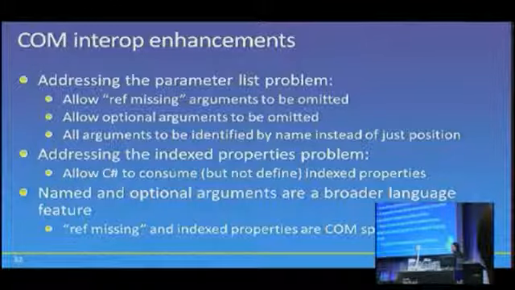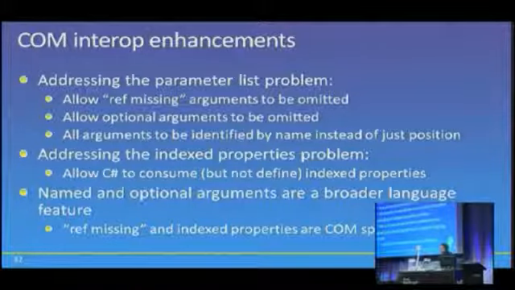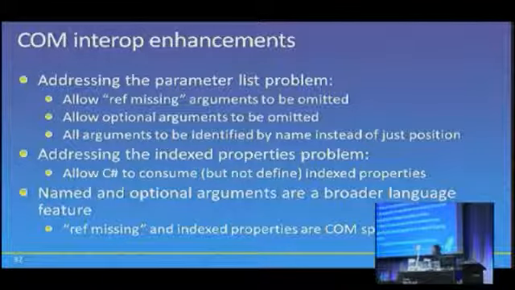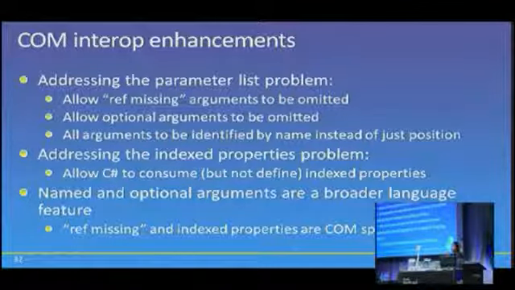So how has C# 4 addressed this? Well, we've already seen that C# 4 allows you to omit optional parameters when you're calling a method. So if a COM method has got optional parameters, you can leave them out. Consequently, because you might need to call something with, say, the 1st, 4th, and 18th arguments, you want to be able to identify things by name.